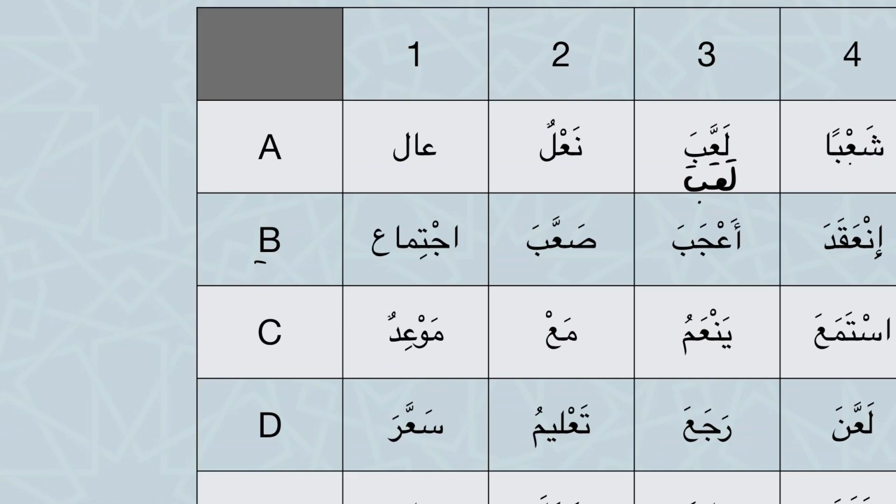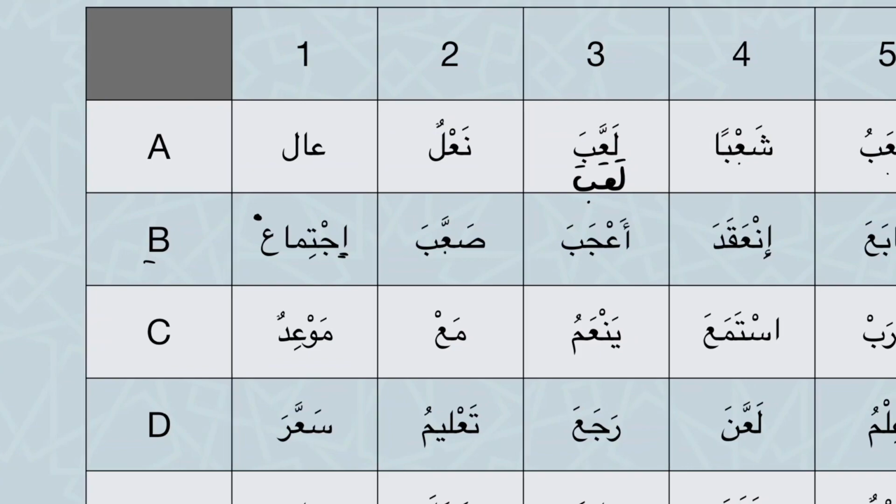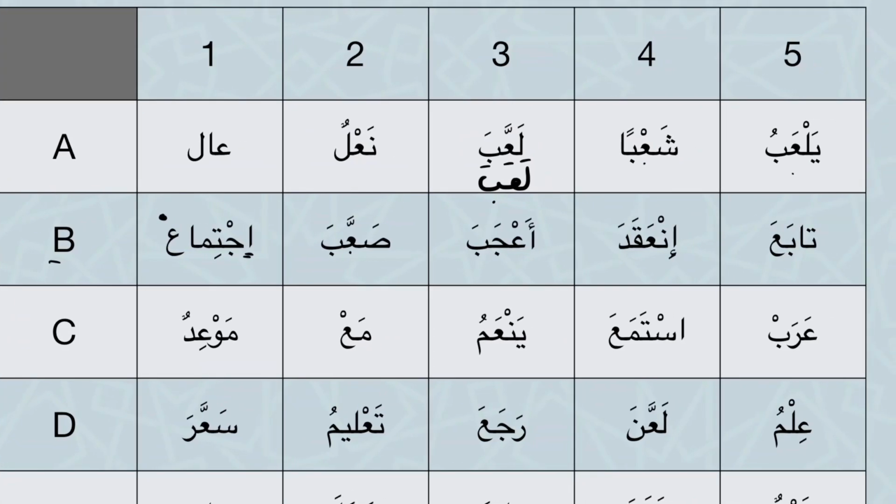B1 is اجتماع, اجتماع. Remember, this is pronounced as hamza, and we will get to it in the next lesson. There's a sukun here. This one is again a geminated or doubled ayn, so it's صعب, صعب. He made things difficult for someone.